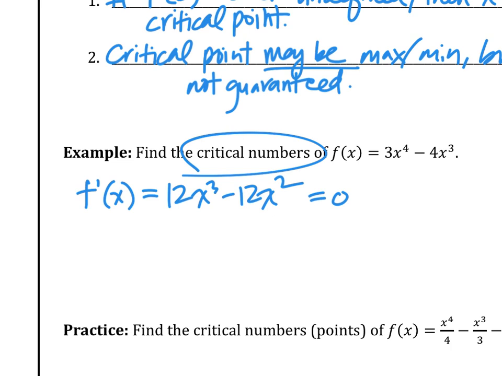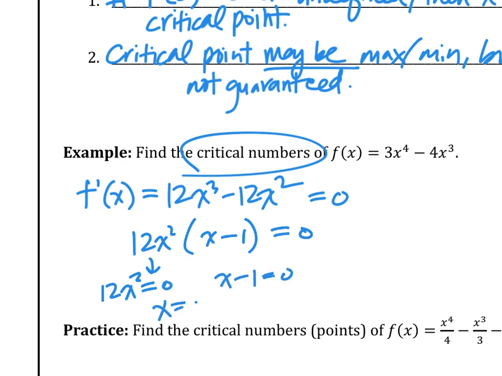All right, so now just take out your algebra 2 skills, factor. So 12x squared times x minus 1. Remember, do not divide by 12x squared. If you divide by 12x squared, you're going to lose information because you got rid of x. So make sure you solve this way. All right, make each one equal to 0.